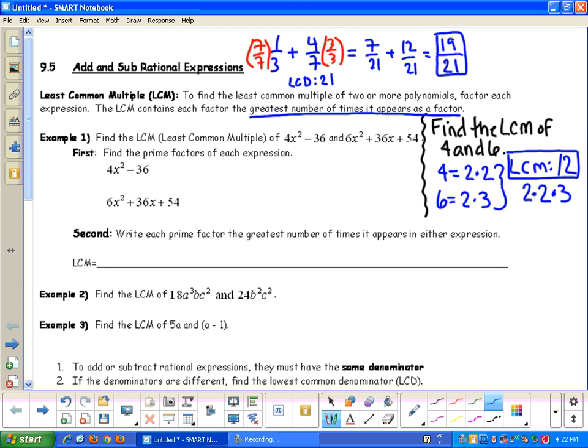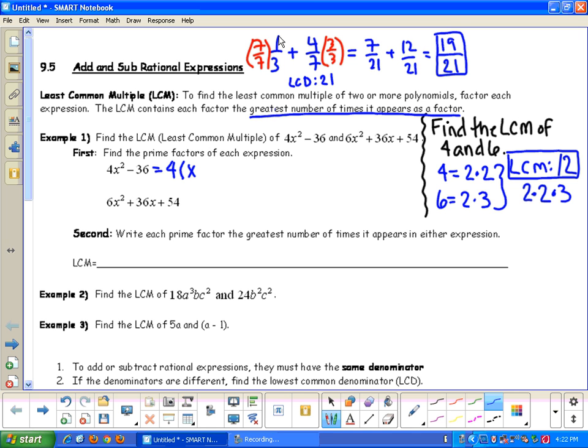So I have 4x squared minus 36 and 6x squared plus 36x plus 54. The first thing I want to do is find the prime factors of each expression. That means I want to factor it. If I factor this first one, I can take out my greatest common factor, which is 4.